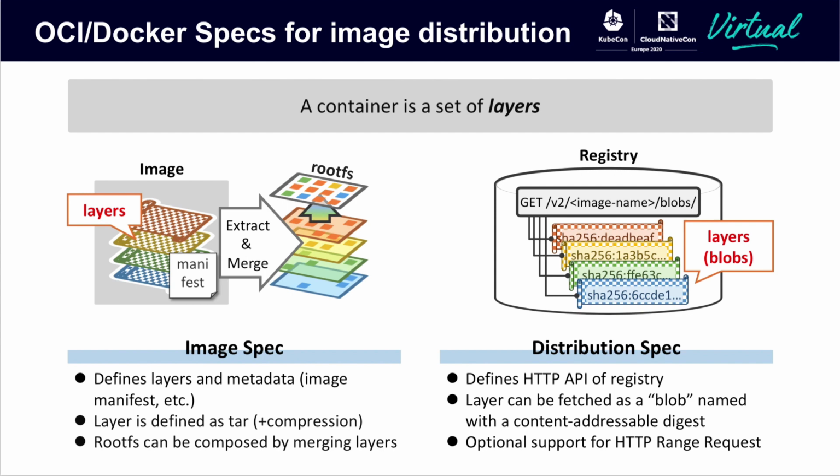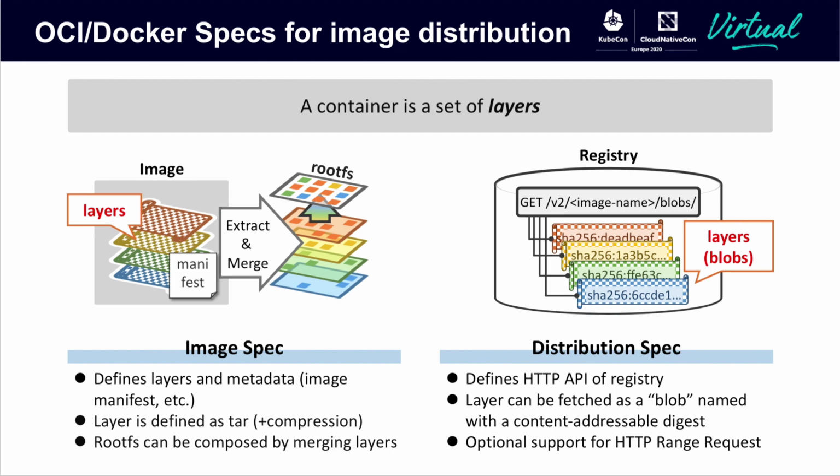Before taking a deeper look at the pull performance problem, let's briefly recap the OCI and Docker specs for image distribution. In the specs, a container is defined as a set of layers. In image spec, it defines layers and metadata, and in metadata, image manifest, etc. are contained, and layer is defined as tar and optionally plus compression, and root FS can be composed by merging layers.